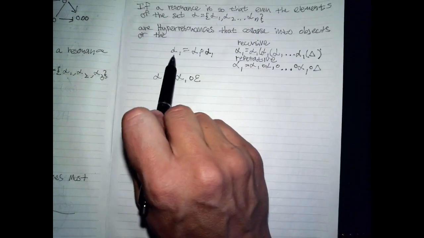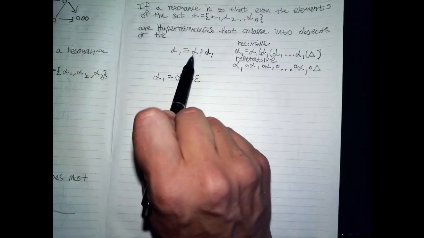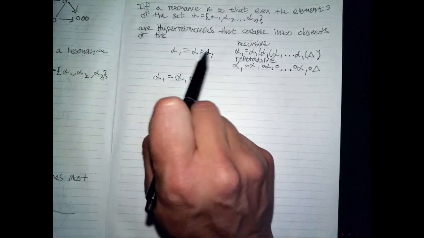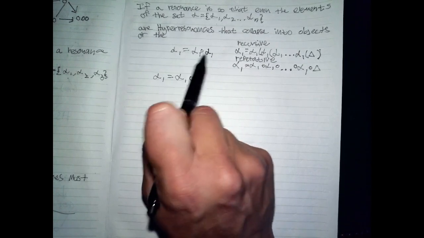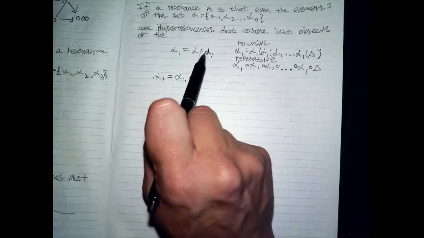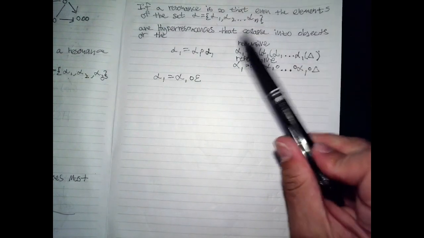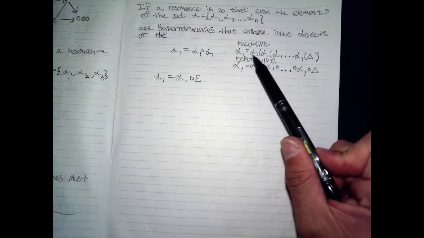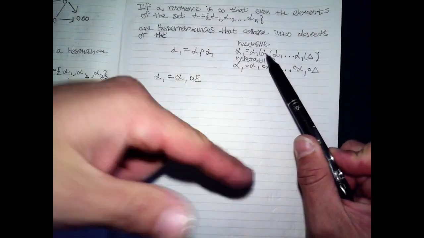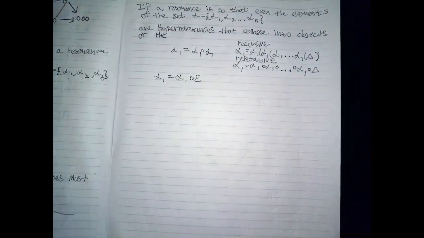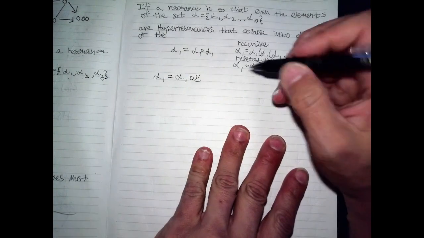One of them is simply that A sub 1 equals A sub 1 operating with A sub 1. So A sub 1 appears twice and it operates on itself by some operation. We have recursive, A sub 1 equals A sub 1 taking itself over and over until it collapses to some delta.